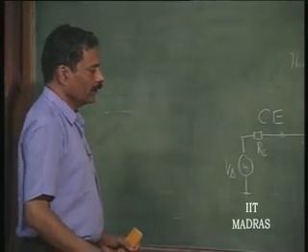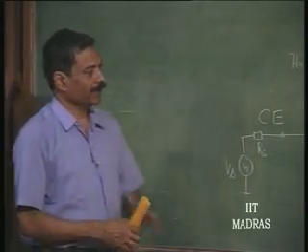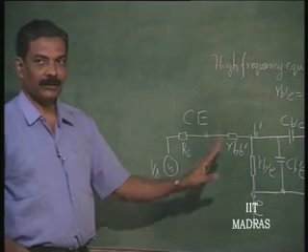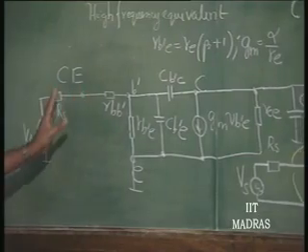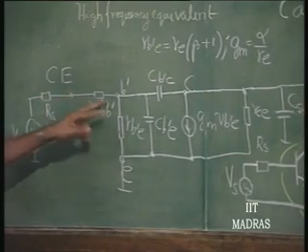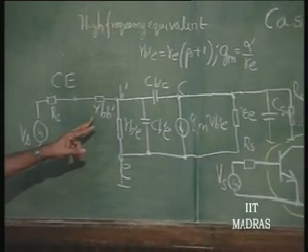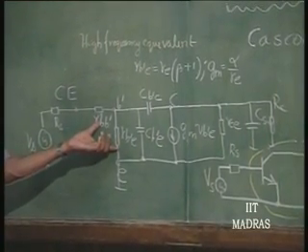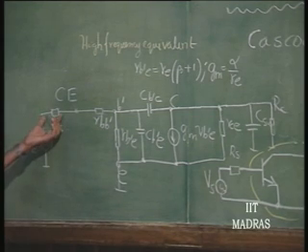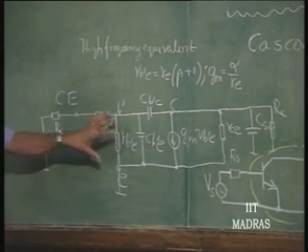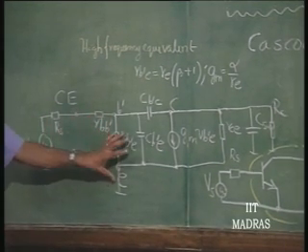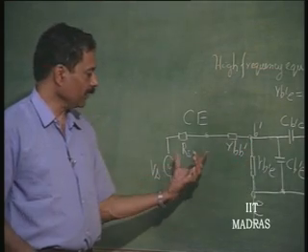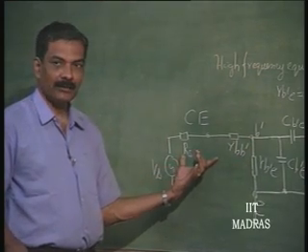So, if you forget these capacitors, let us look at only the low frequency equivalent. RB'E comes in series with RBB'. So, it is essentially RB'E itself, okay, totally, and that comes in series with RS. So, the gain gets reduced here to a certain extent by RB'E divided by RB'E plus RS plus RBB'.